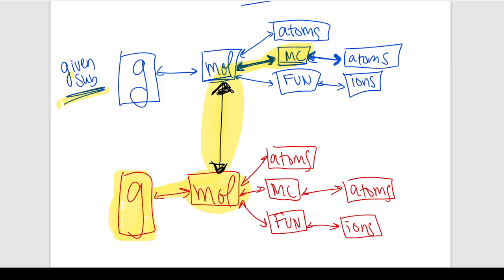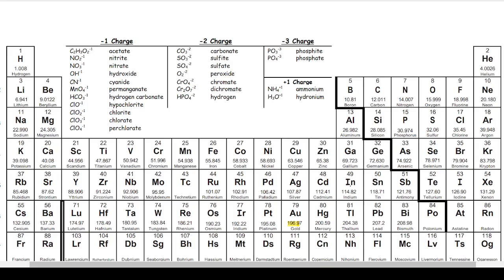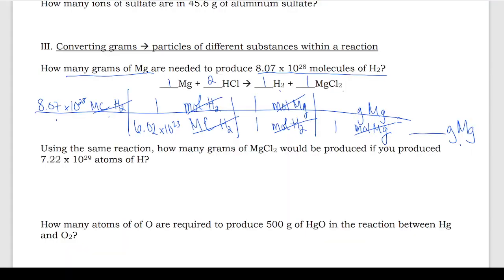We use the mole ratio coming from the coefficients in our balanced chemical equation. So here, my coefficient in front of magnesium is 1, and my coefficient in front of H2 is also 1, so it's just a 1-to-1 ratio. And then between grams and moles of magnesium, moles to grams or grams to moles is always molar mass. Molar mass is just 1 mole, and the number of grams comes from our periodic table. So for magnesium, that's going to be 24.305.